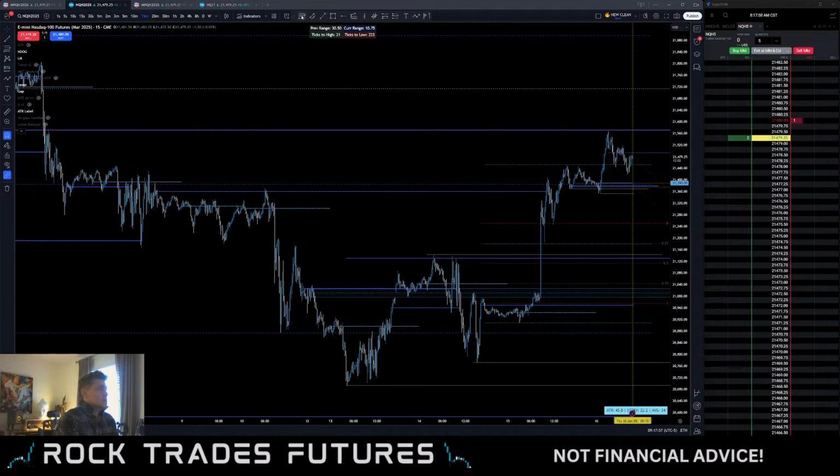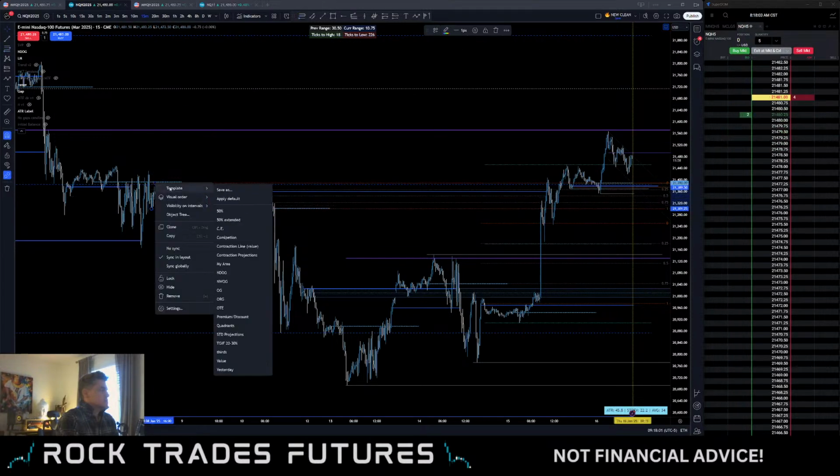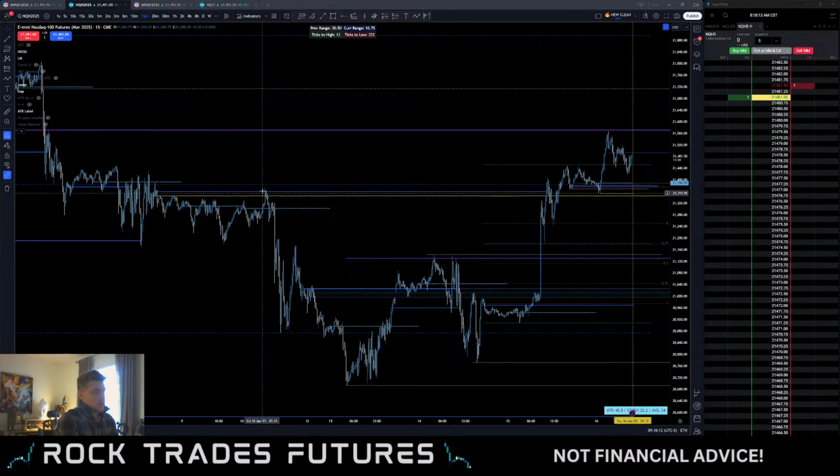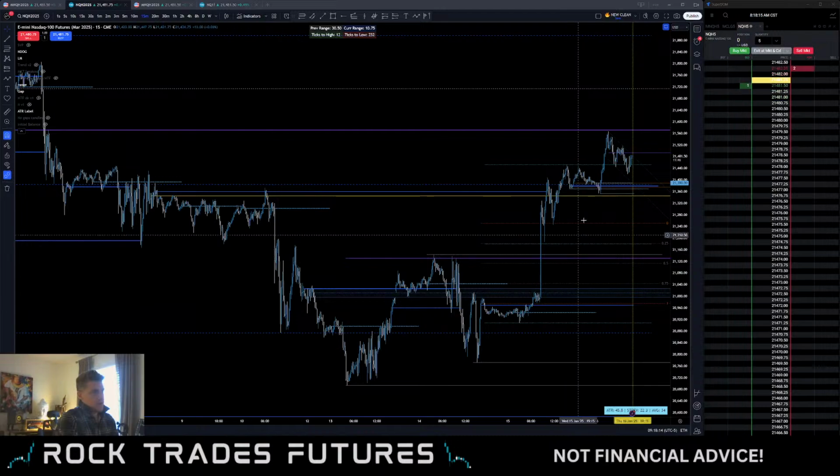I still like this level. I like this level for institutional value line. Price super consolidated, then started to hold below it, just touched it, and then failed hard. Used it all day yesterday, basically.